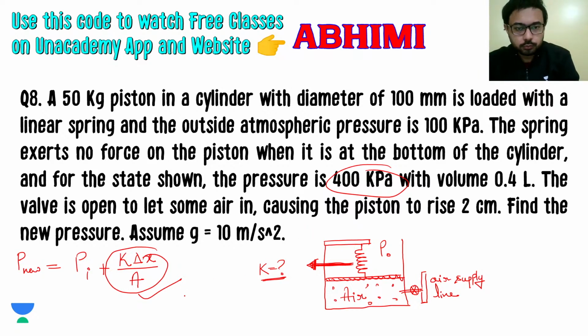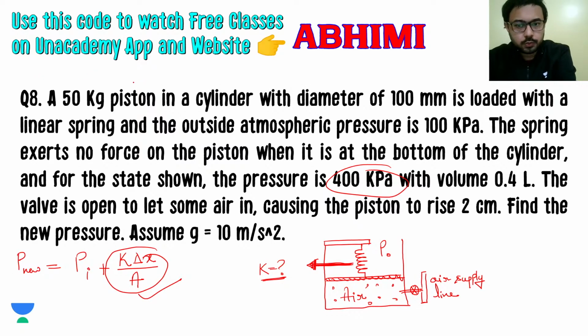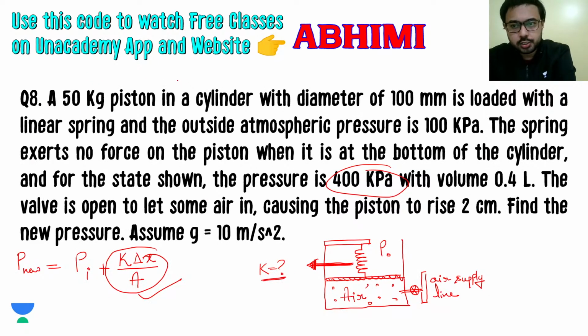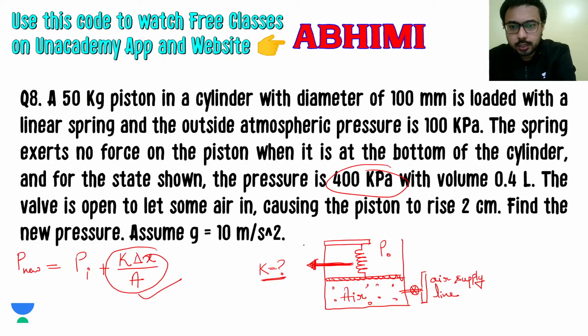So this 400 kilopascal, which is the pressure initially, is equal to the outside pressure plus the pressure due to the force generated by the spring constant. It will be Kx divided by area, here it is X, and this is your diameter.